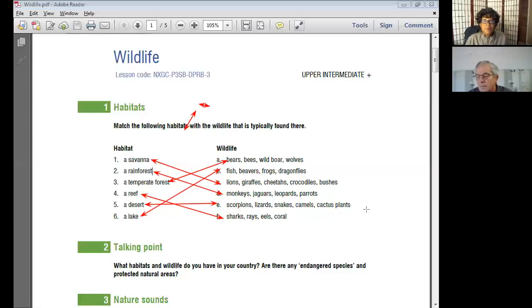So when people talk about a habitat, it's where we do what? It is where what takes place? In the habitat takes place all the things the person or the animal needs to live.